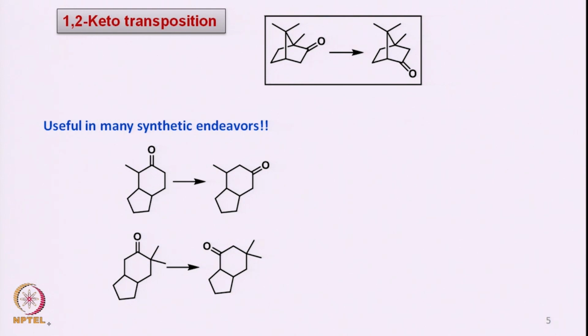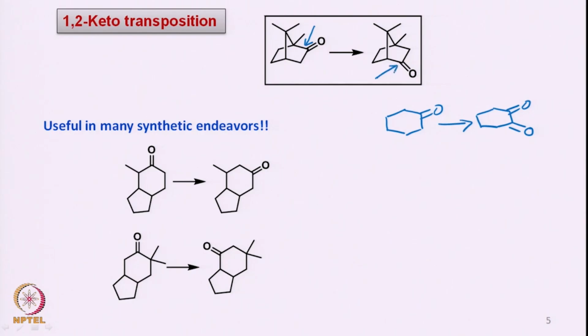What we discussed earlier using selenium dioxide was conversion of a ketone to a diketone. However, another possibility and requirement that arises in many synthetic transformations is how we are going to convert a ketone which is already present, say here, to the next position, which is here.